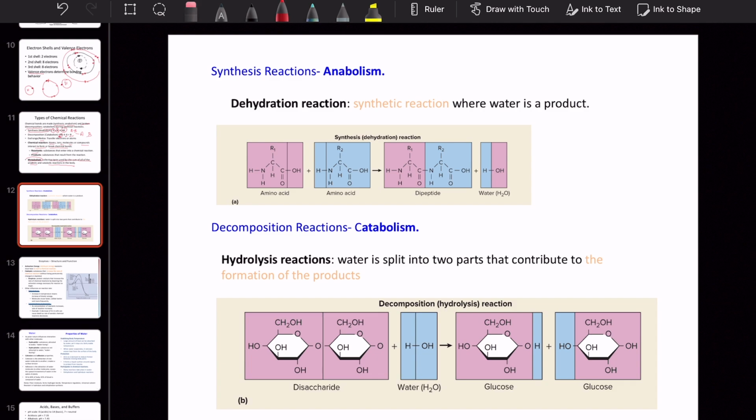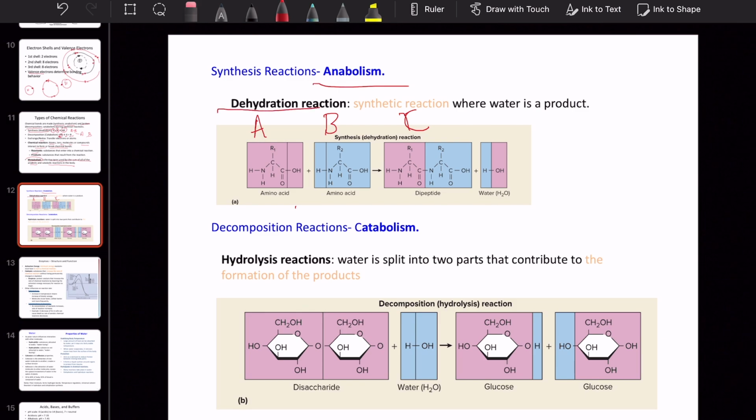Synthetic reaction, which we talk about as anabolism. So anabolism is making something. You can see this is reactant A, this is reactant B, then you make the product C. When you go through making something, they go through the dehydration reaction.